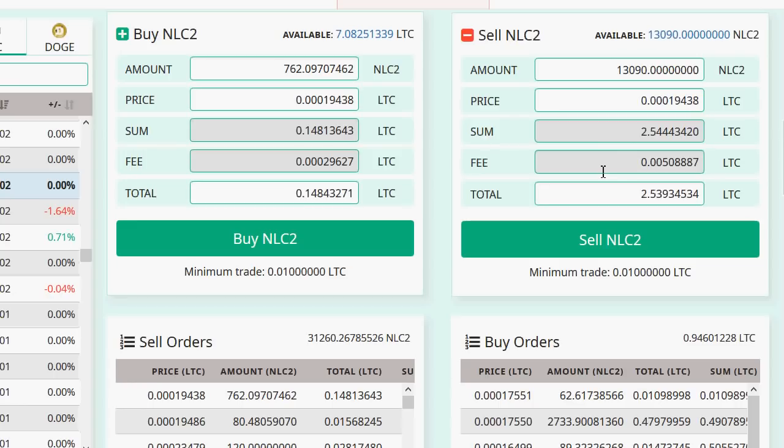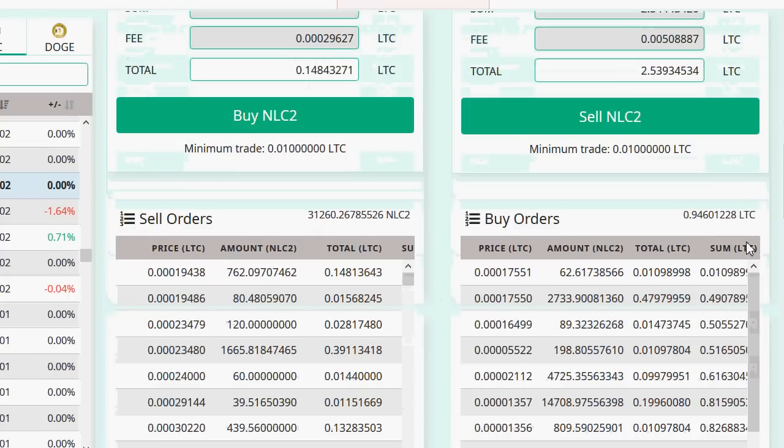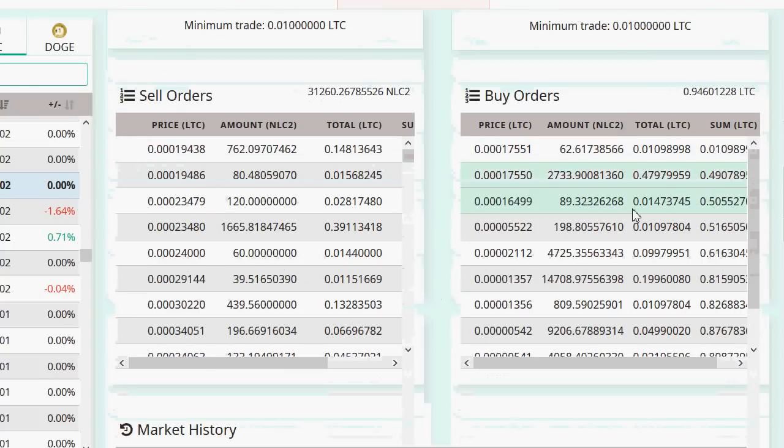Fair price is like 19. So I'm going to be looking for, say, 13. And when I say fair price, I mean whatever 2.5 Litecoin is worth. So if I go like 13, that would be like 33% off. I want to make sure that number is at least lower than that.